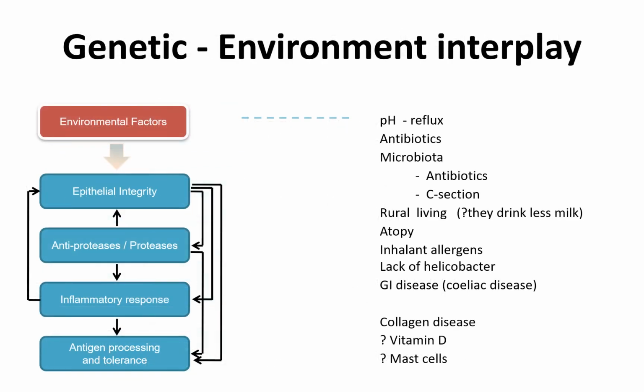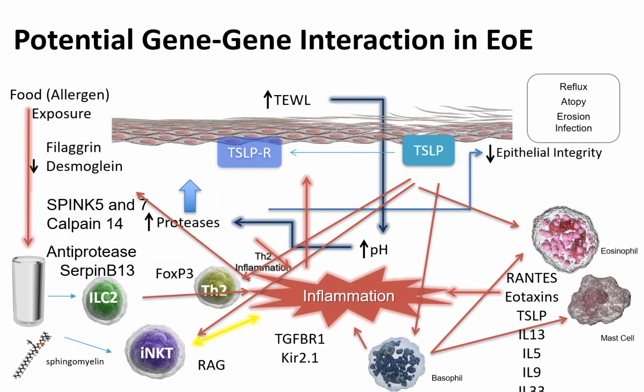You can put in the genetic factors into that, and it creates quite a confusing gene environment, so that we have many factors at play that can be involved, and we're trying to unravel this. Ultimately, not every case of EoE is the same, because not every case of EoE is caused by the same mechanism.